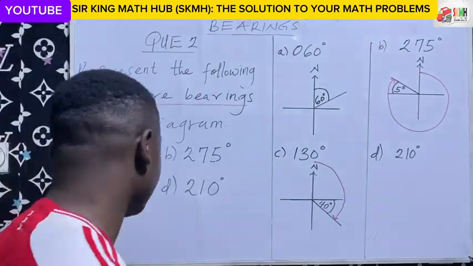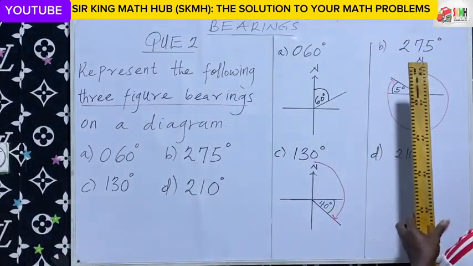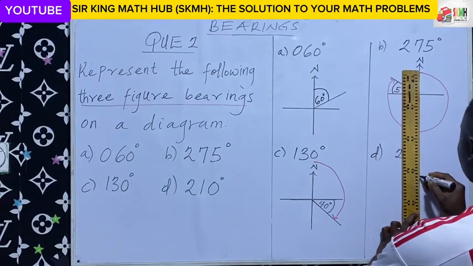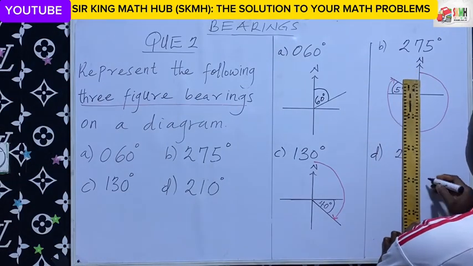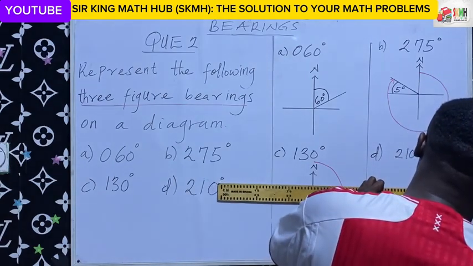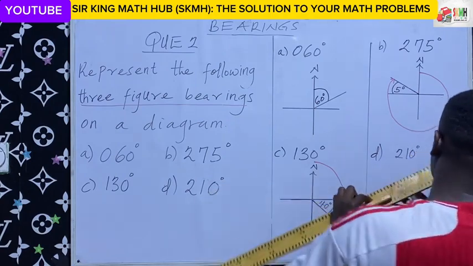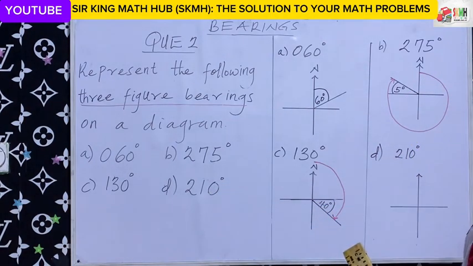So what is the first step? The first step here is to draw our compass. That is our compass. And the emphasis is on the geographical north.